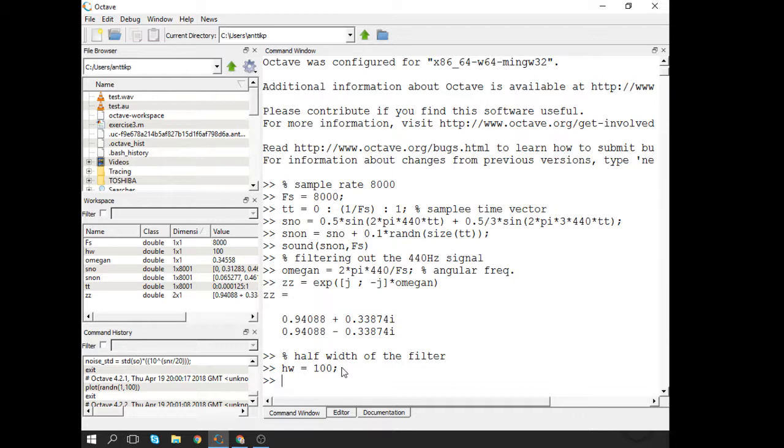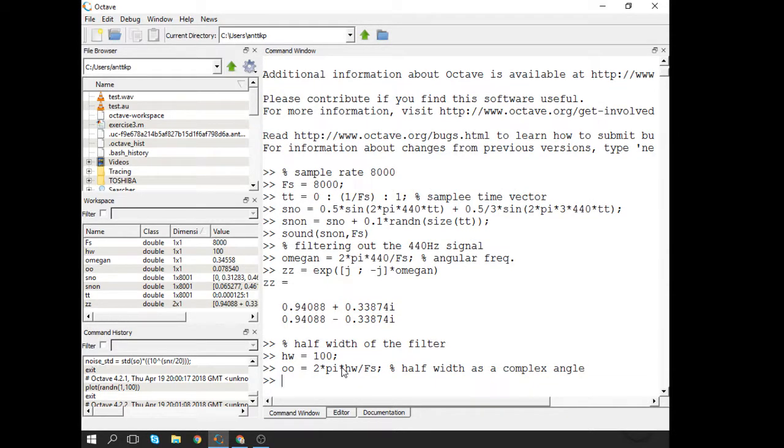Let me call it O instead of A. Is 2 times pi times that frequency divided by fs. Okay, so this is the half width as a complex angle or distance.